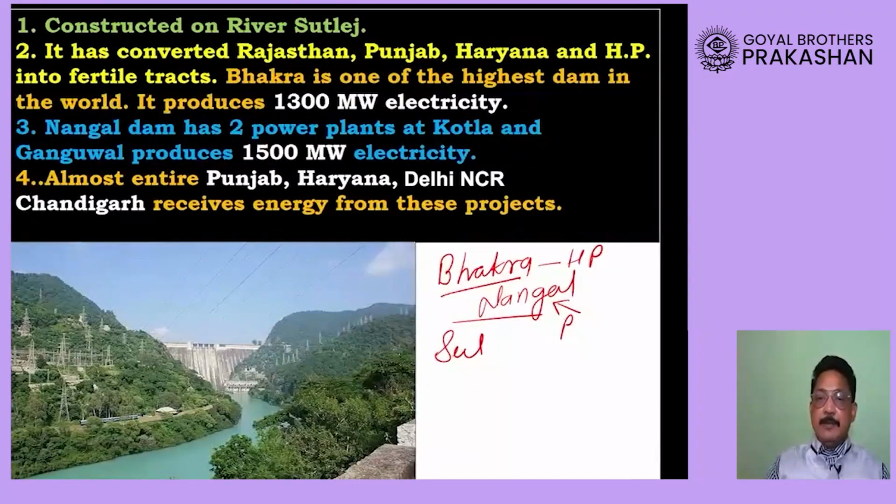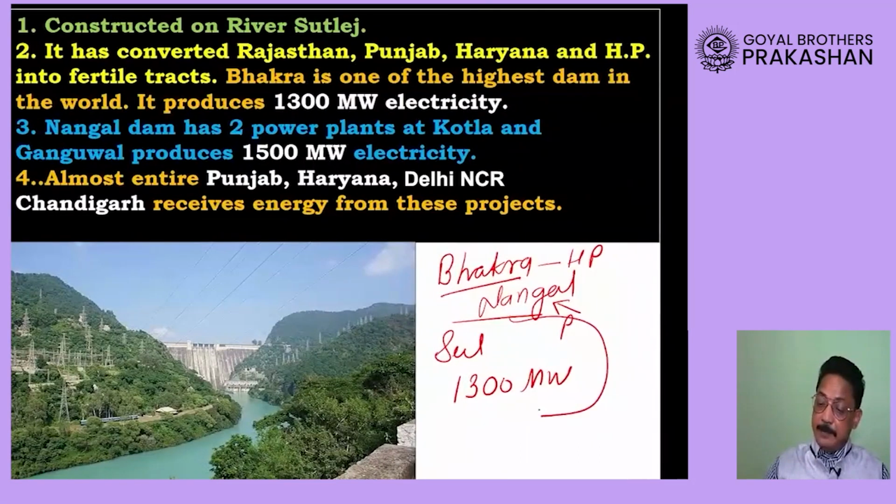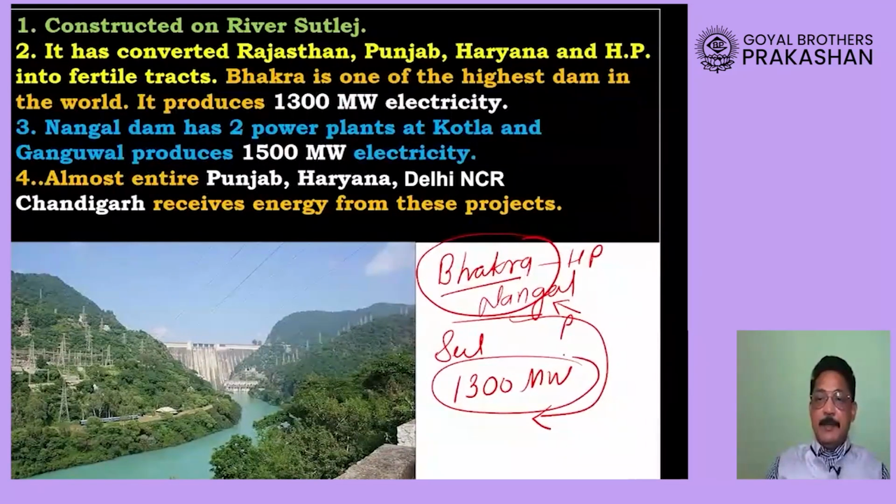Now this dam, Bhakra, is producing 1300 megawatt of electricity, and when the water flows down to Nangal Dam, it will produce 1500 megawatt of electricity.